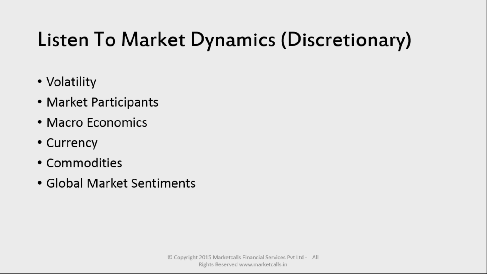Those kinds of things I'm talking about. You can combine fundamentals along with technicals, and you can create a right filter. If you are able to see some edge over there, absolutely fine. And all these factors are lying discretionary, and your right understanding gives you the right edge in the market.